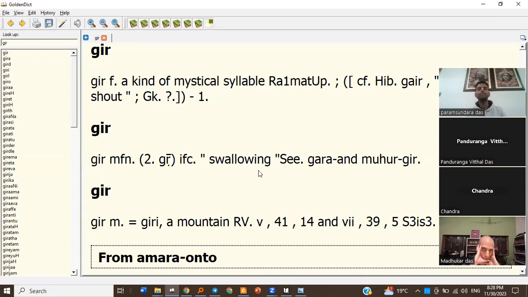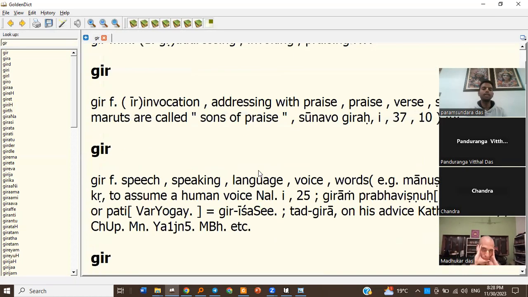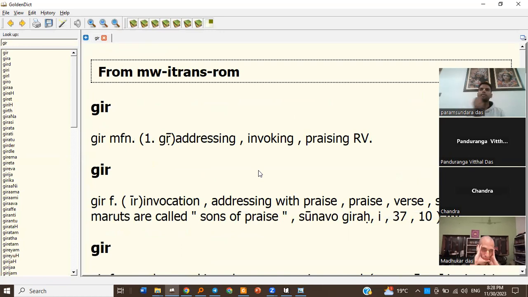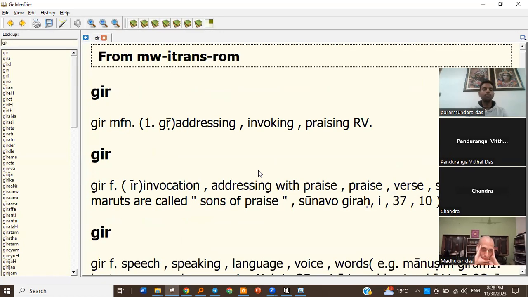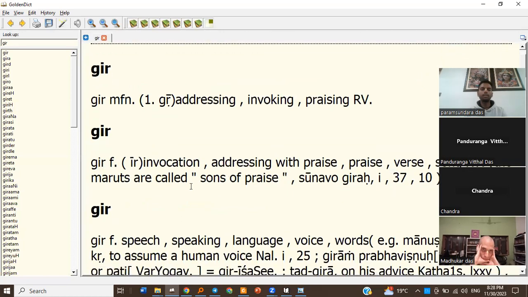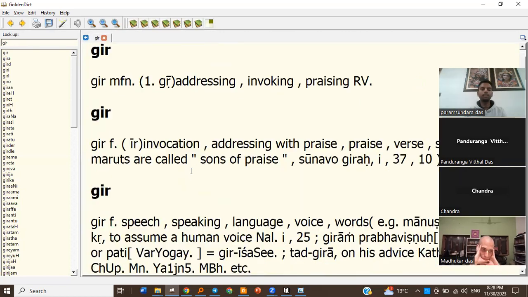Right. For example, I just thought of this word, gir. Generally, gir means speech or sentence, statement. Now, when we use it in the sense of praise, verse, song, invocation, it's in feminine gender, Lakshmi Linga. It could be in all three genders.